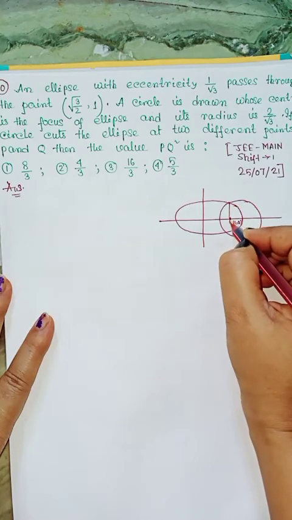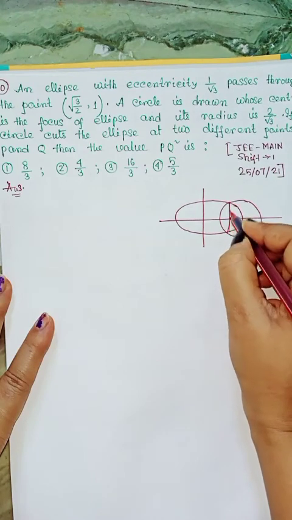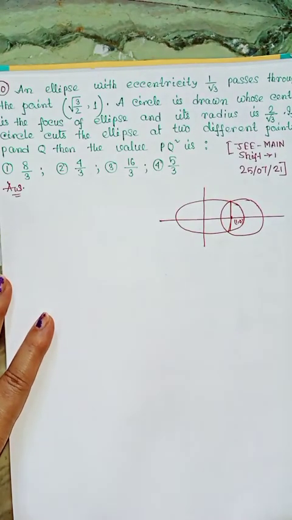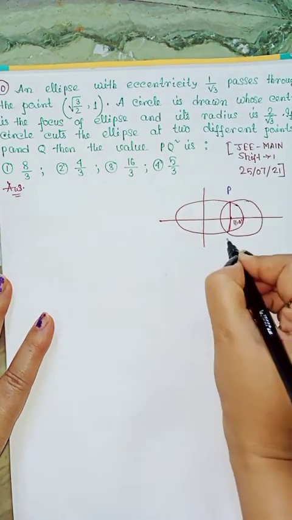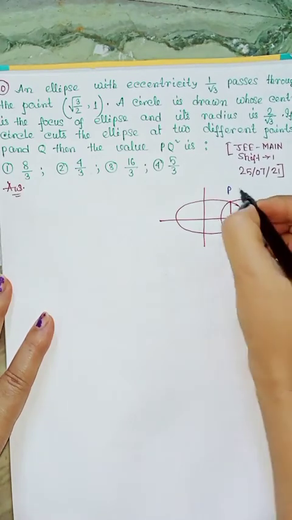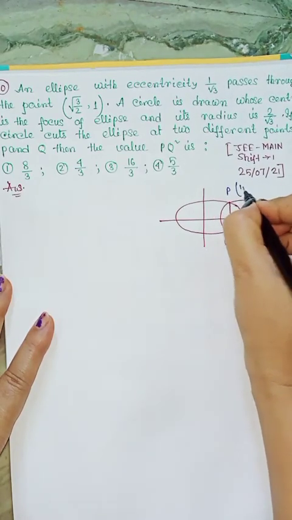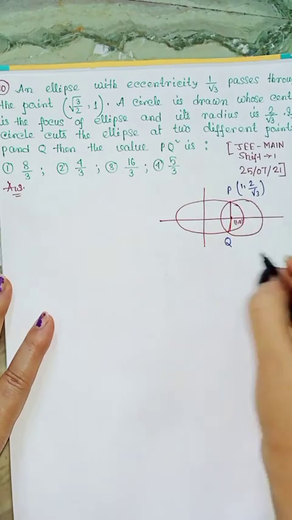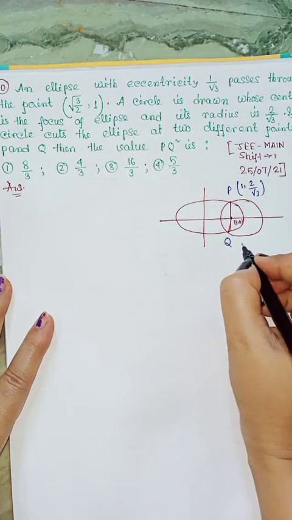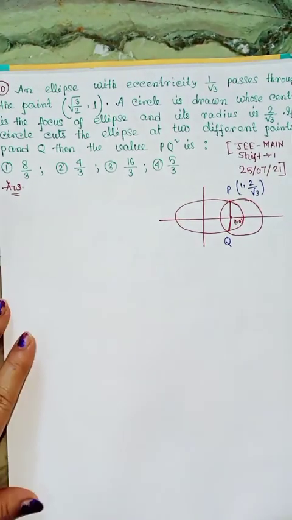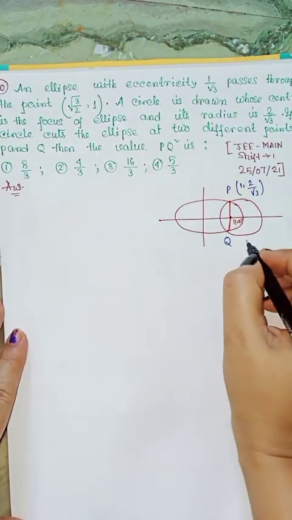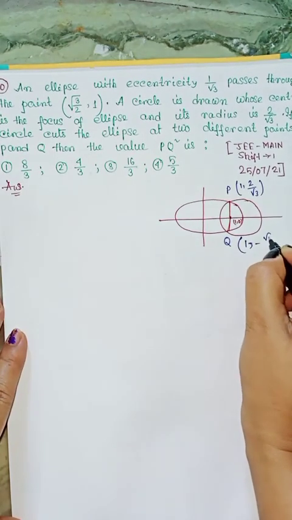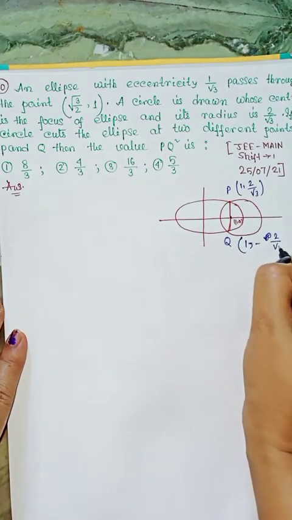Now this line is PQ, just named PQ, and point P is equal to 1 comma 2 by root 3, and point Q is equal to 1 comma minus 2 by root 3.